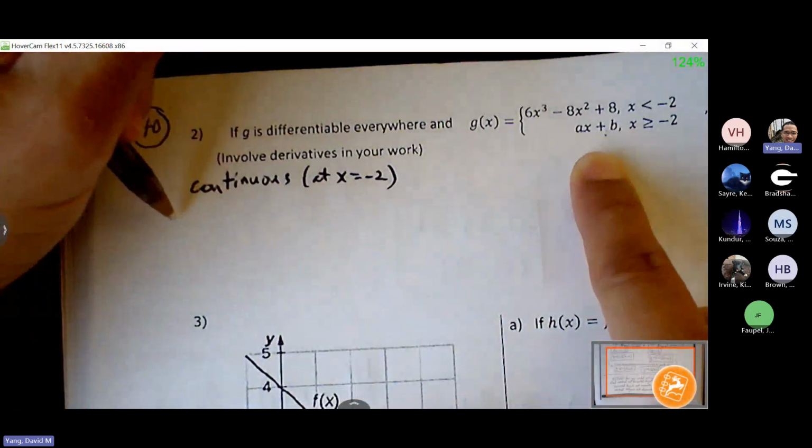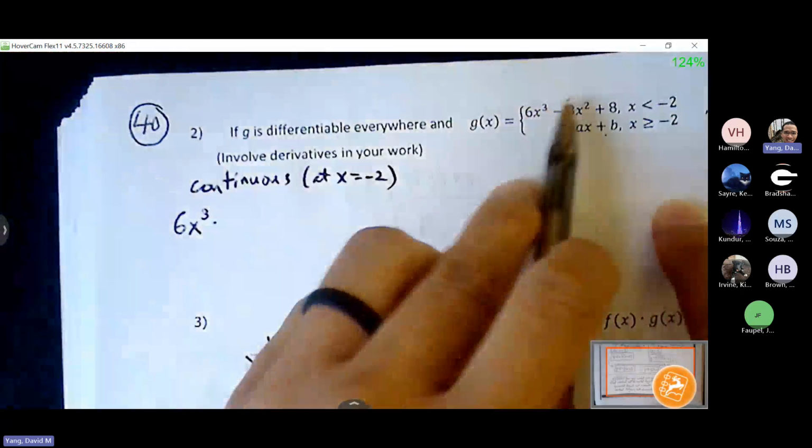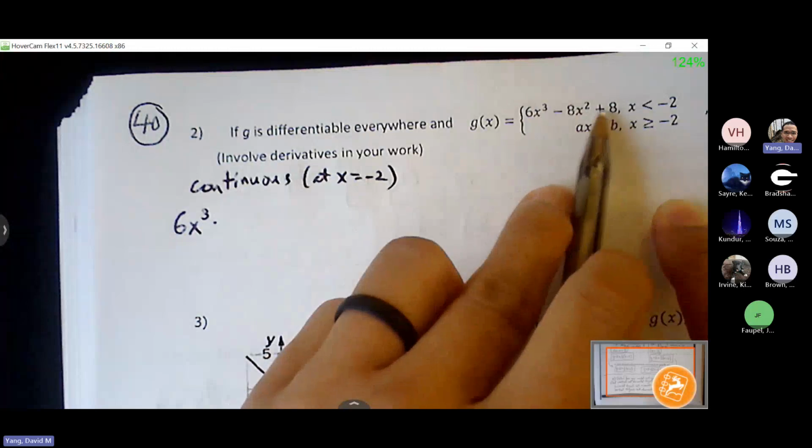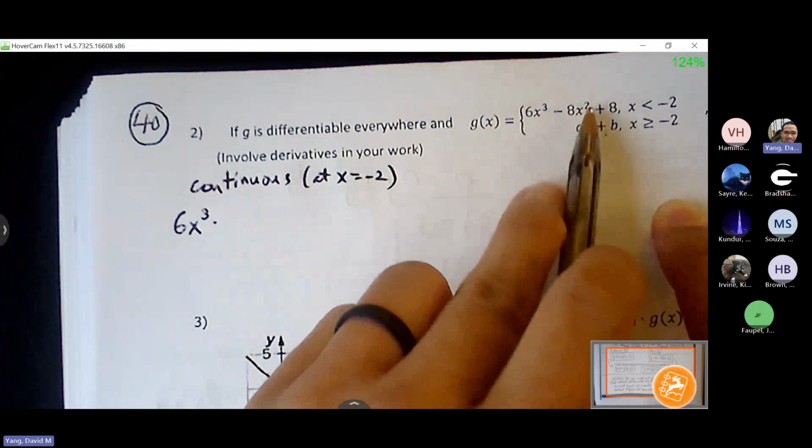So we want the 2 graphs to share the same y value at x equals -2. All I'm doing is setting the equations equal to each other, because this represents the y value of one graph and this represents the y value of the other graph, and I just want them to be in agreement at -2.